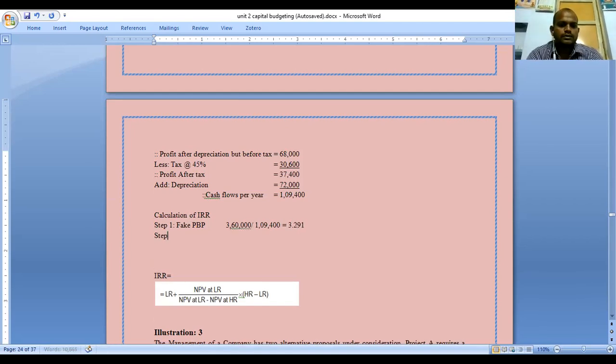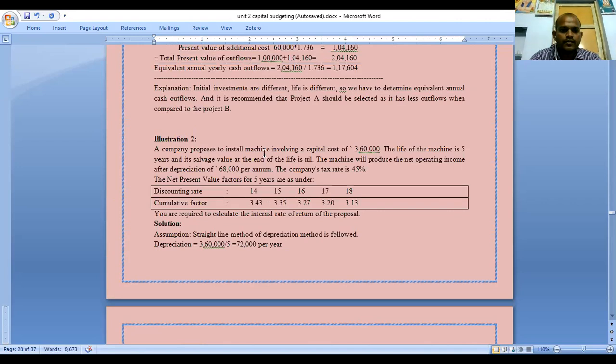So, step 2, find the payback period in the present value of annuity factor table. What is the life? 5 years.